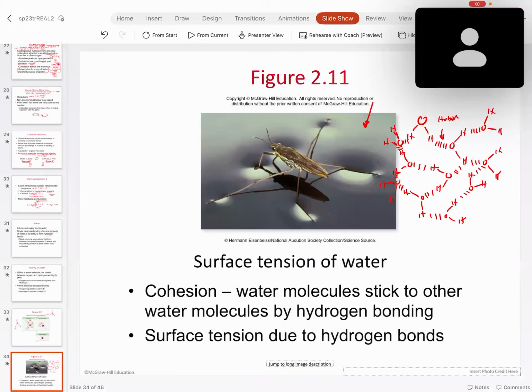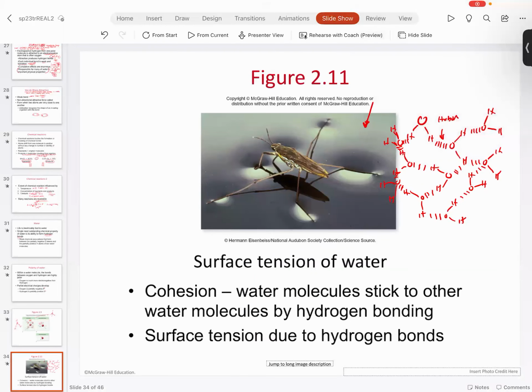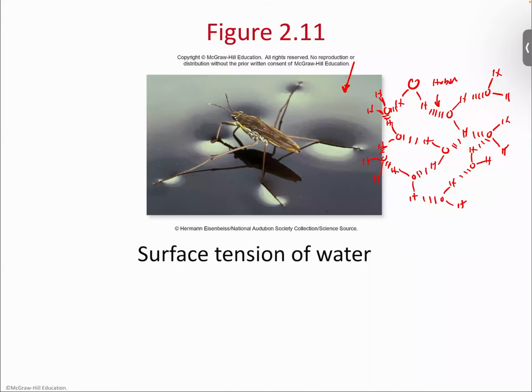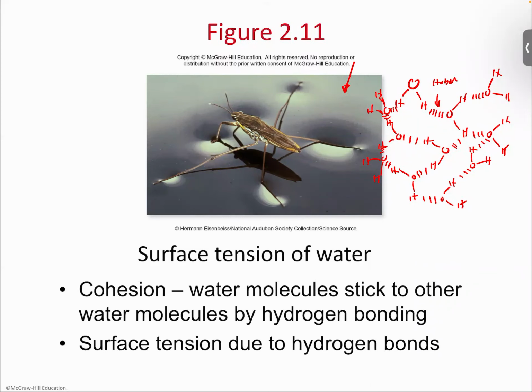So let's pick up where we left off, shall we? We're looking at properties of water, and we left off kind of at the beginning.